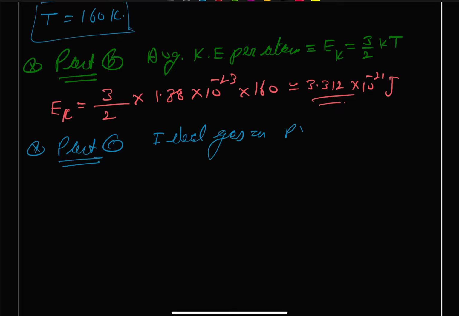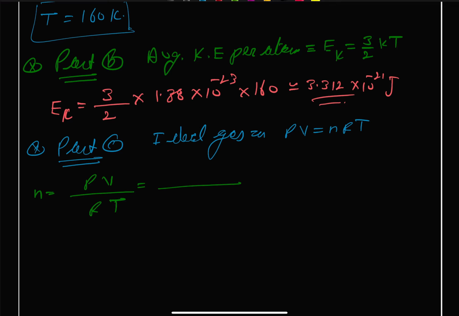That our PV is equal to nRT, okay, and our n will be equal to PV upon RT.